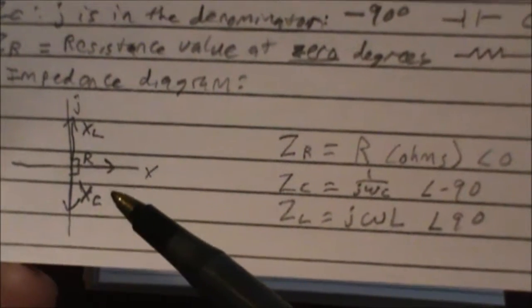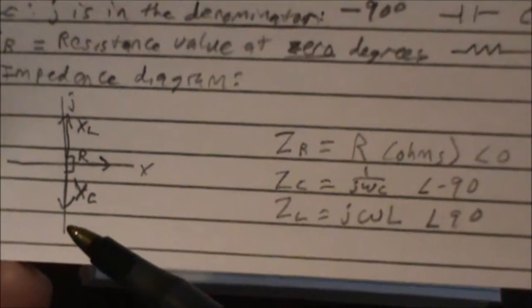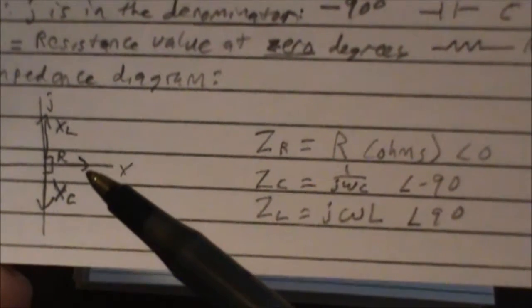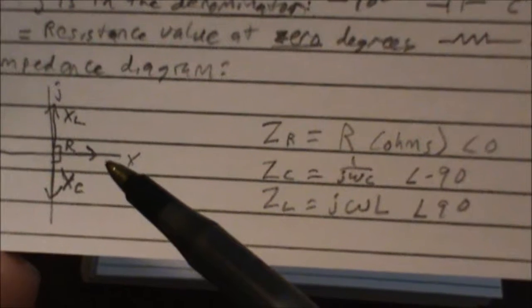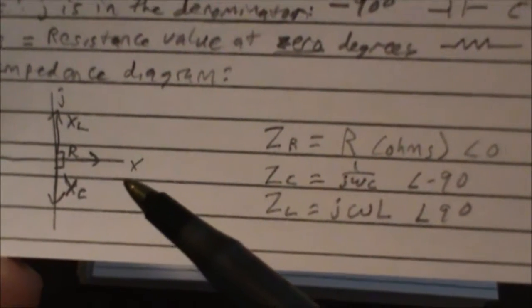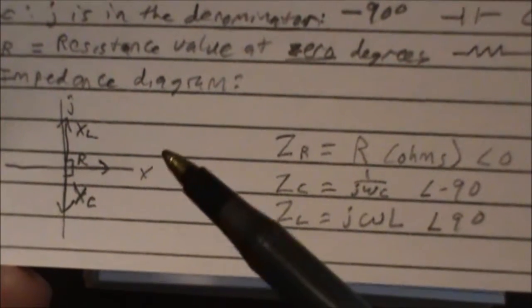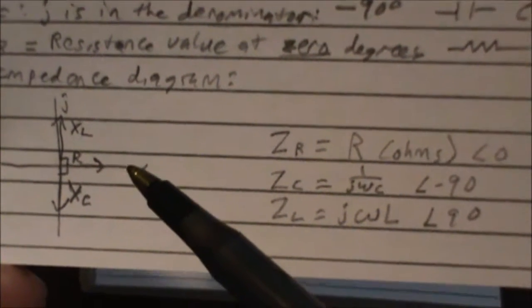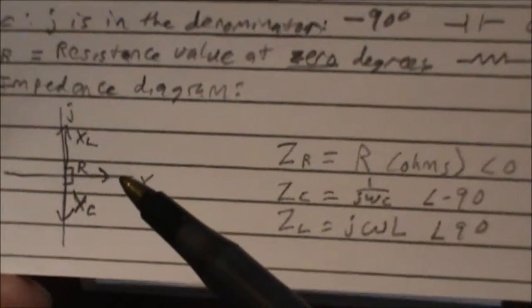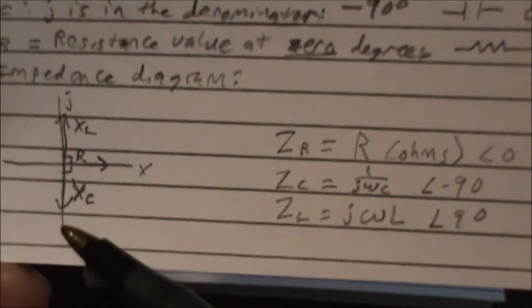If we go clockwise, it's 90 degrees in the negative direction. Then we have Z sub L for inductors, j omega L, at an angle of 90 degrees in our positive direction.